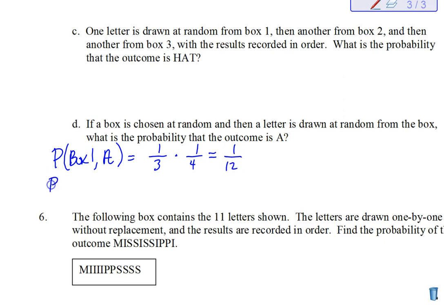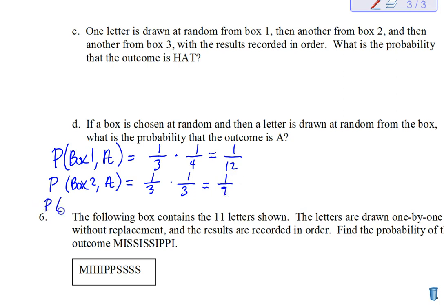Or I could think, what's the probability that I get box 2, and if I get box 2, I get an A when I draw a letter out of it. Well, the probability I get box 2 is 1/3, and then in box 2 there's one A out of 3 letters, so the probability that I get an A in box 2 is 1/9.